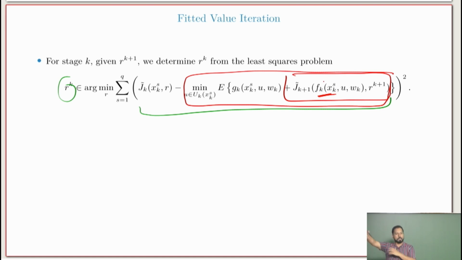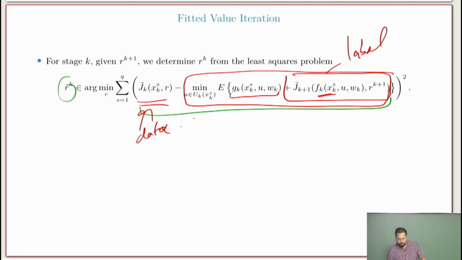So this cost function at k plus 1 is known, and then we add the local cost at the current xk. This becomes our label. This red thing is our label, and these are our data, the features or whatever. Data typically includes the label also sometimes.